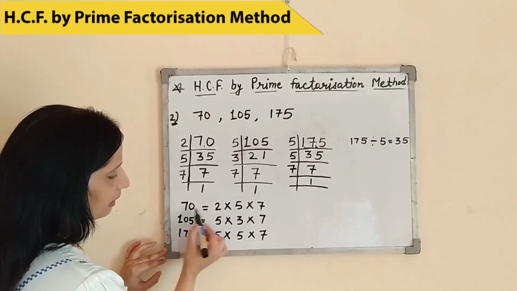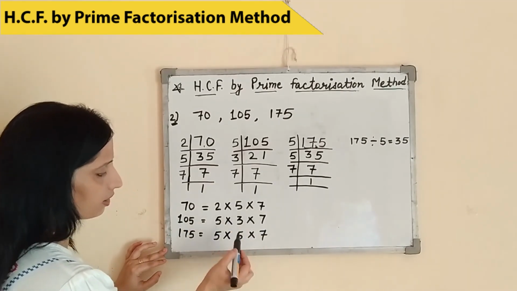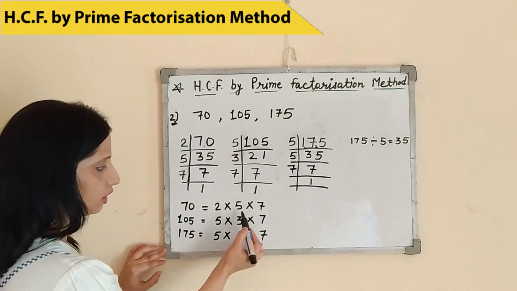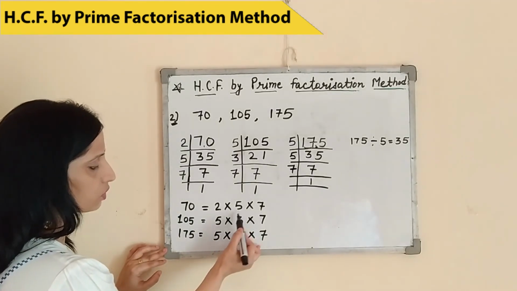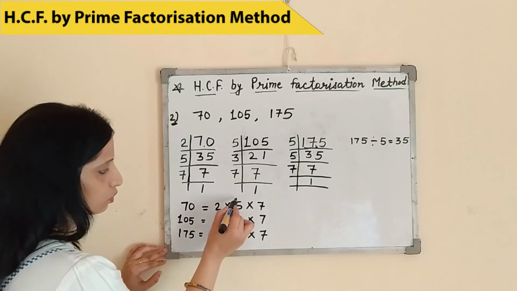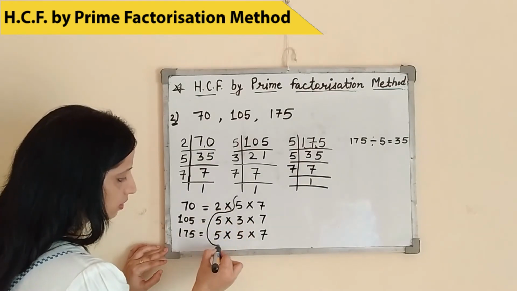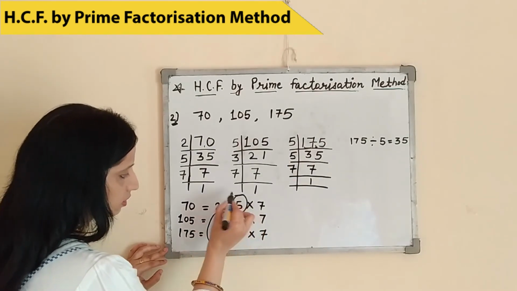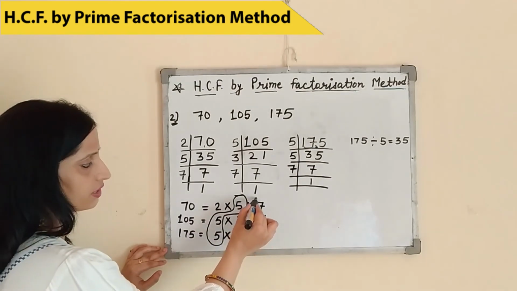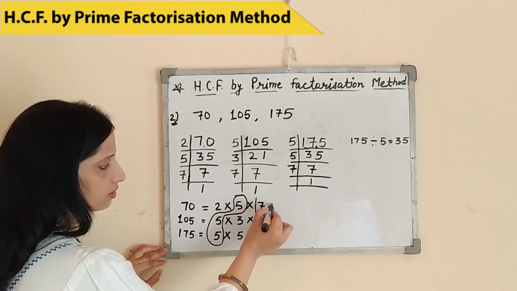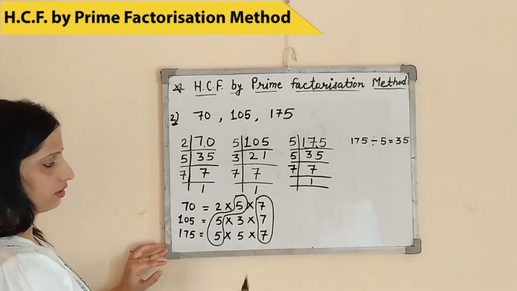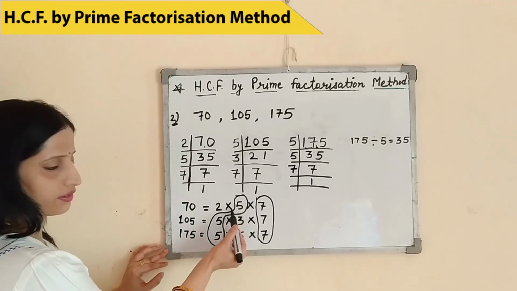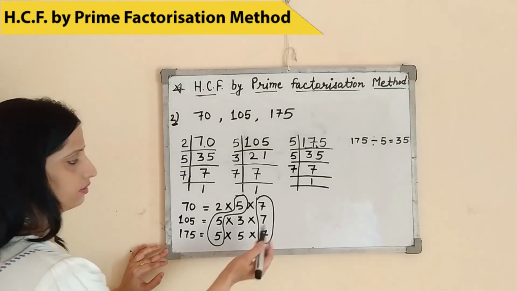See, 2 is in this but not here and not here. Now we will check for 5. 5 is here, here and here also. So we will circle this. Next number 7. 7 is also present in all these. Okay. 3 is here but not in the factors of 70 and not here.